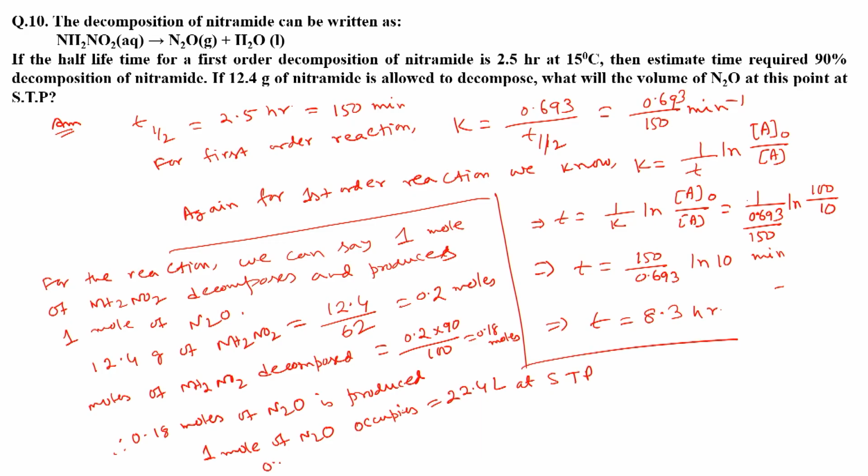So 0.18 moles of N2O occupies 22.4 times 0.18 liter. So if we calculate this one, we get 4.03 liters at STP. Okay.